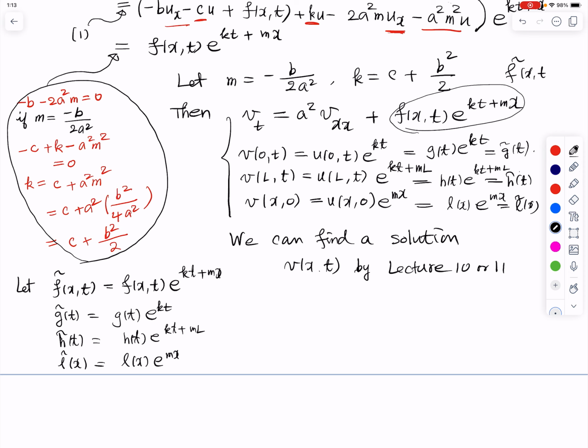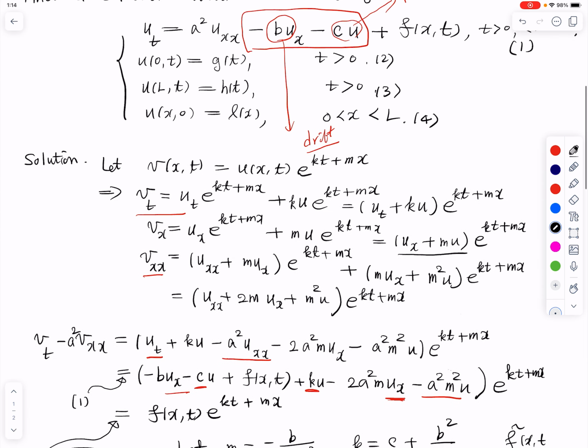Then finally our solution: u xt was v xt e to the minus kt minus mx, because we put v equals u xt exponential kt plus mx.